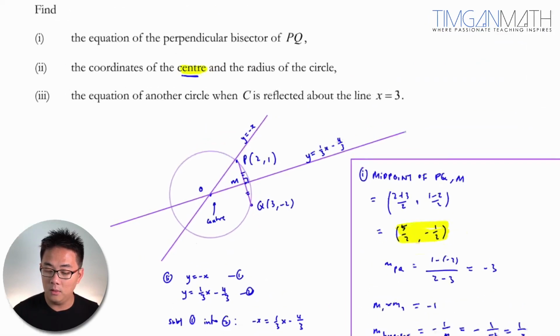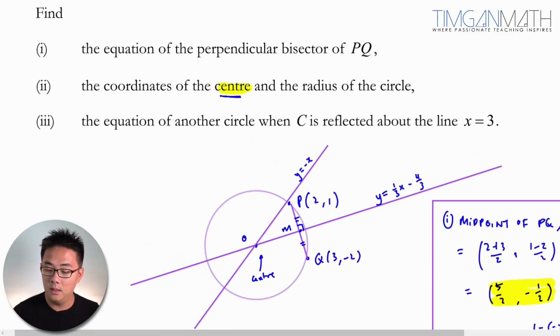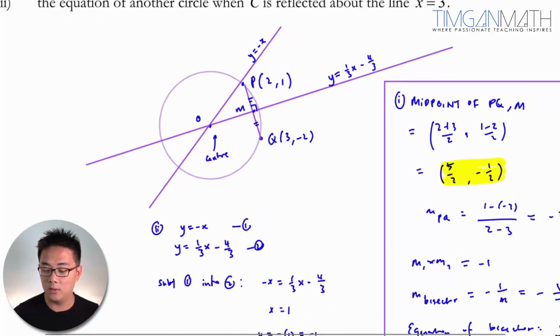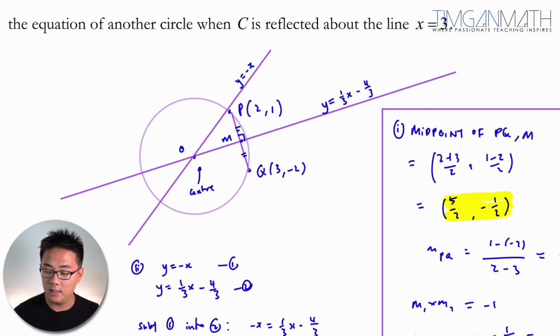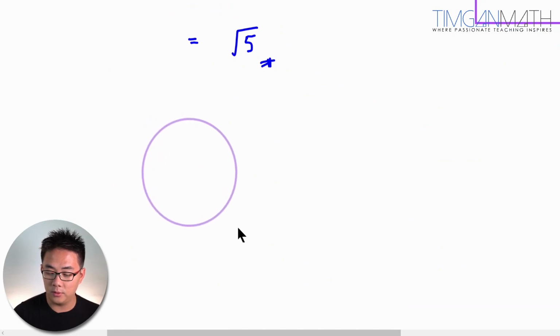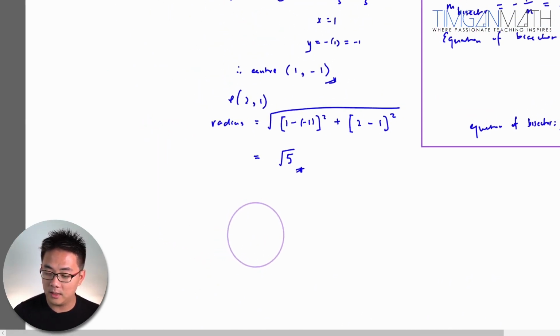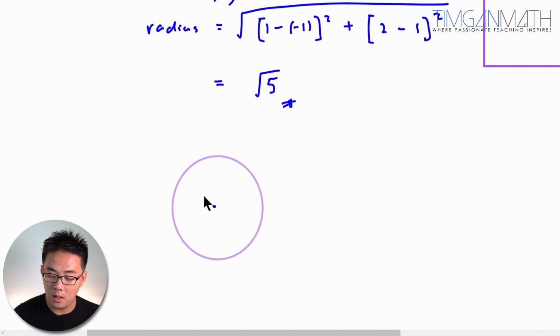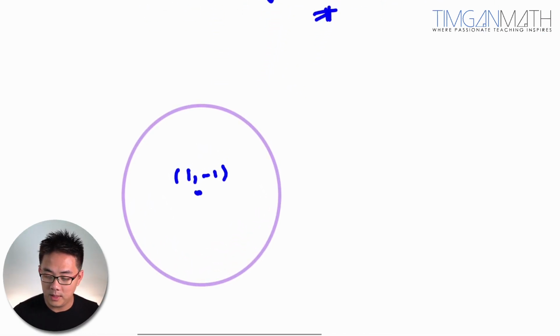Great. Now we find the equation of another circle when it is reflected about the line x = 3. We've done the first two already. Let me draw two circles. The center of circle 1 is (1, -1) with radius root 5.